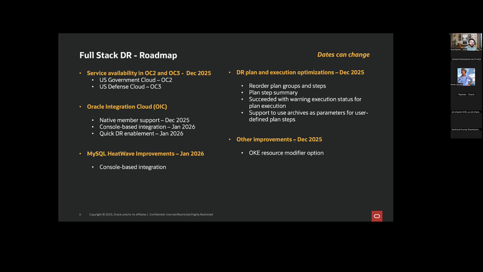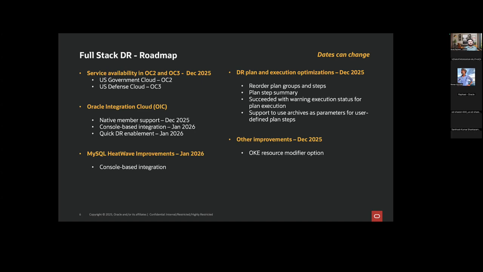And the second one is for integration cloud. We are going to have a native member type support. Similarly to how you could add compute, database, storage today, in this release you'll have a resource type where you could add your integration instance. There are some prereqs. One of the major things is it should be Oracle Integration 3, and it should use the Oracle Managed ER. And there are specific regions where this feature is available.